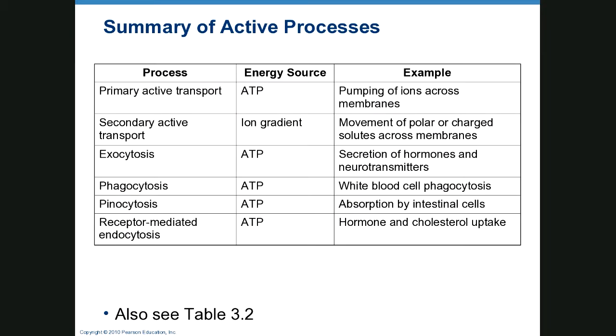Okay, summary of active processes. All of them use ATP except secondary active transport. The molecules just follow an ion gradient. So primary active transport, pumping ions across the membrane, the sodium-potassium pump.